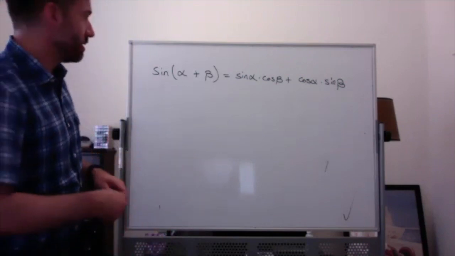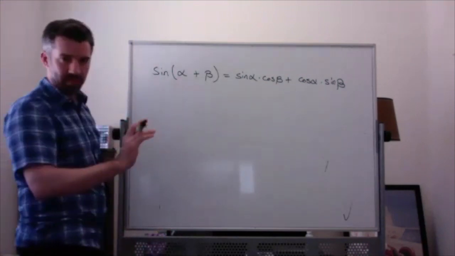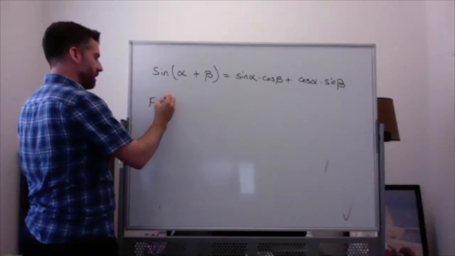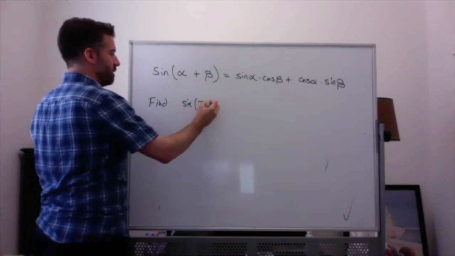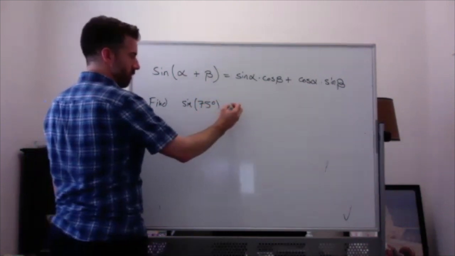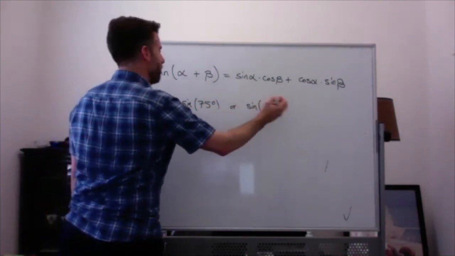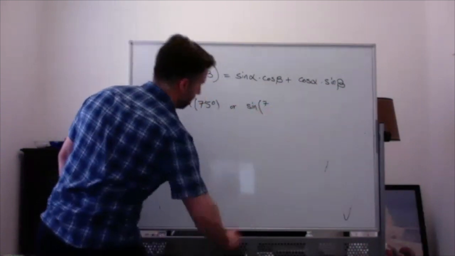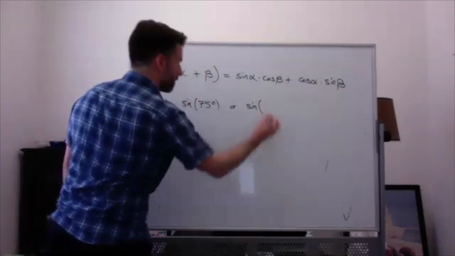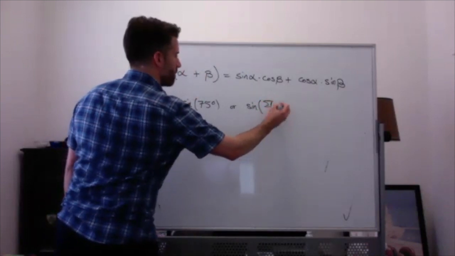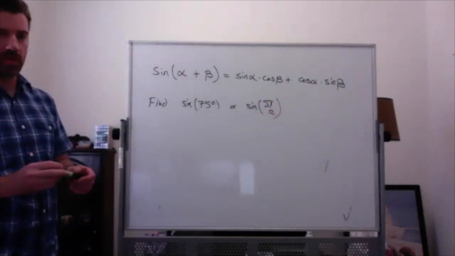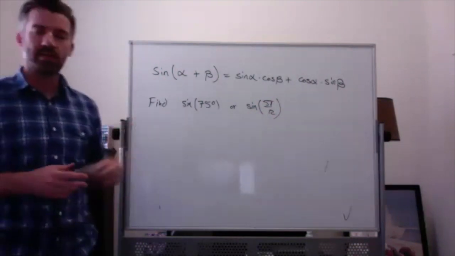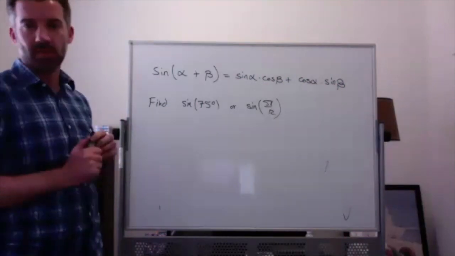But now we can use this to find, say, sine of 75 degrees, or if you prefer, sine of 5 pi over 12 radians. That's what we're going to do tomorrow: use these angle sum and difference identities to evaluate sine and cosine of some new angles that we weren't able to before.